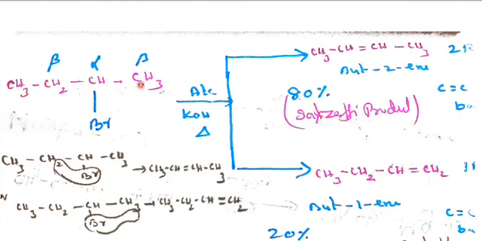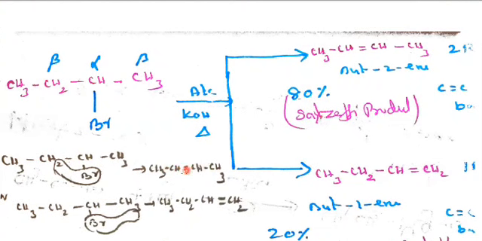Suppose it takes the hydrogen from here, then HBr is released. After losing HBr, the hydrogen goes with the Br, it leaves the bonded electrons behind, and those bonded electrons form a pi bond. So we get CH3, CH double bond CH, CH3.